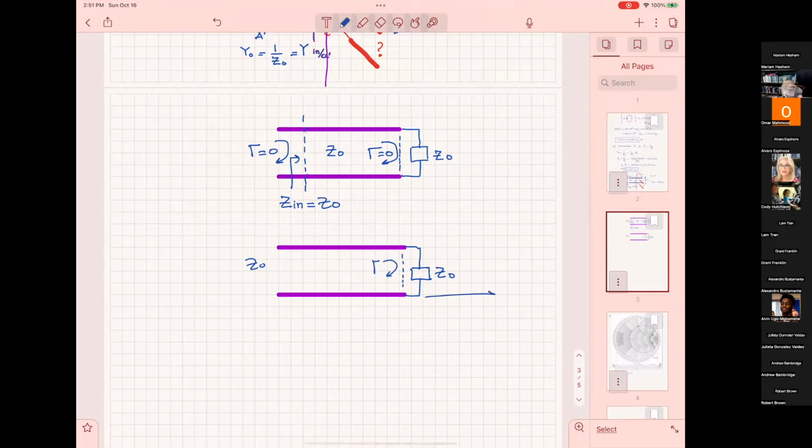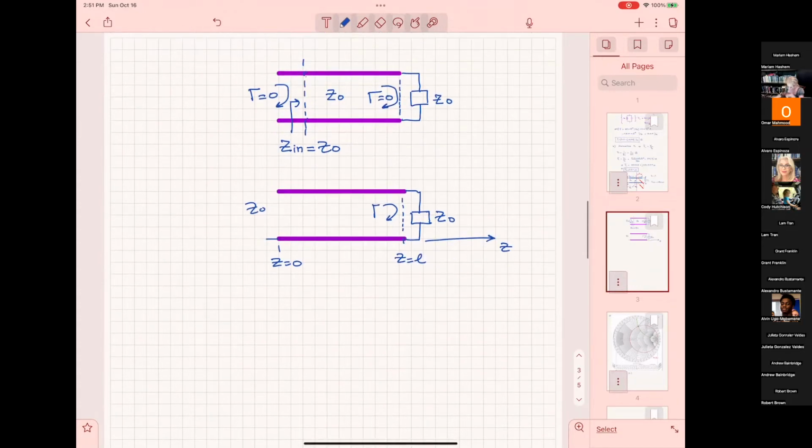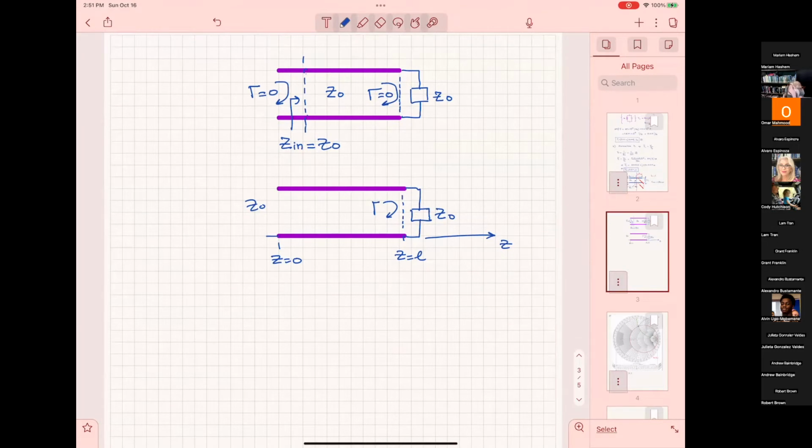If you remember when we talked about transmission lines, we had the Z axis and we assumed here was Z equals 0 and here Z equals L. Let's assume a point at distance D from the load, and call the remaining distance D prime.